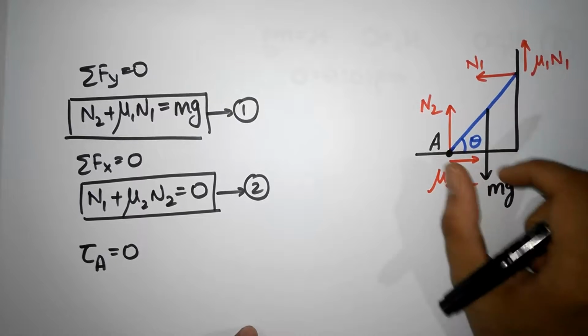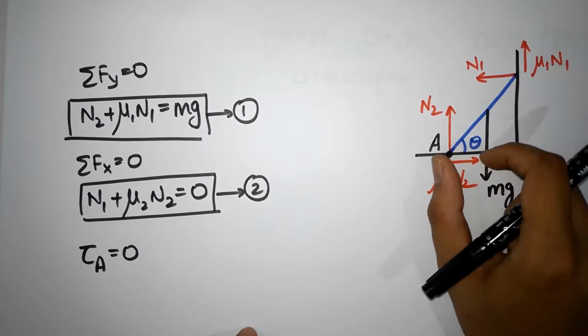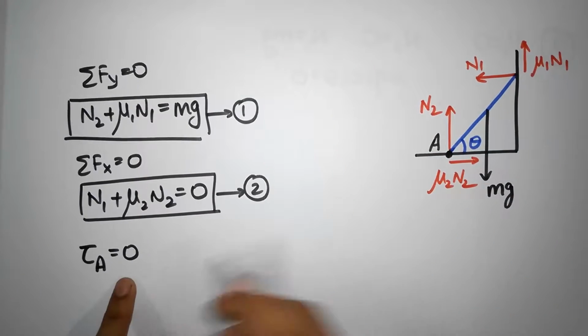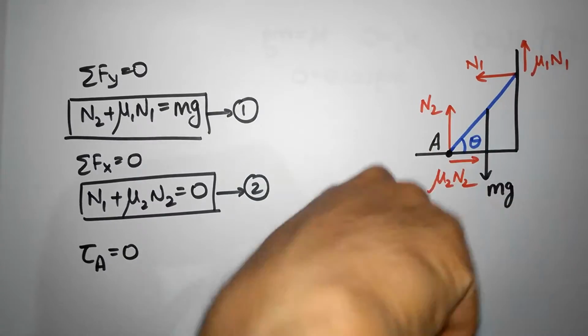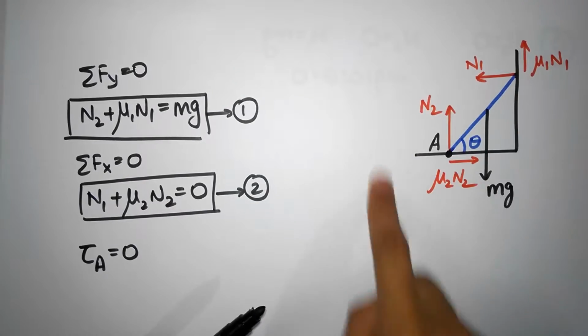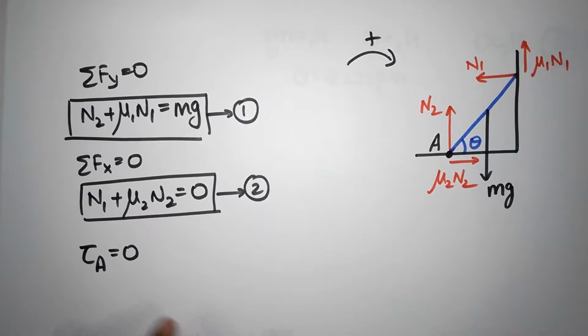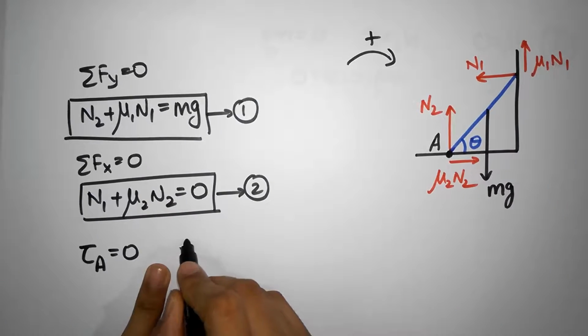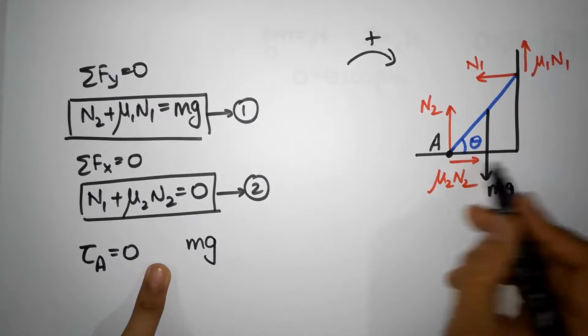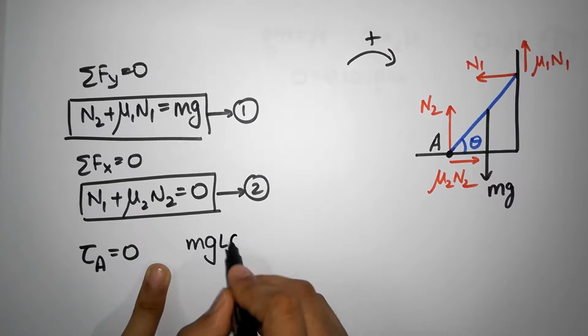This is L, so this would be the adjacent component, that's L cos theta. And notice that the torque is clockwise, so I'll call clockwise as positive. Alright, so clockwise torque, that's going to be mg times L cos theta.